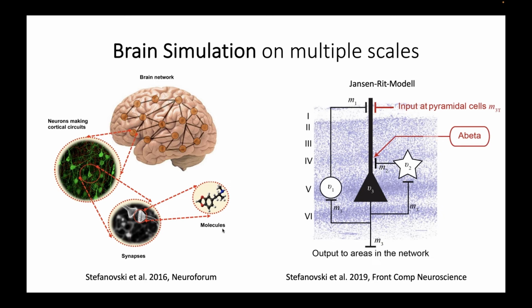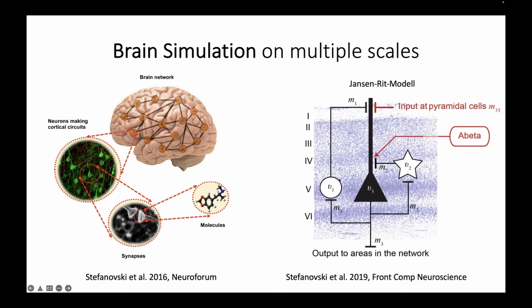And these have, of course, biological surrogates on a molecular scale and can therefore be linked to those. So with this together, we can link both macro and micro effects into the simulation. And as an example that I will go into more detail on, we did this, for example, with the Jansen-Rit model, where we have three different cellular populations, with the pyramidal cells and excitatory and inhibitory interneurons.